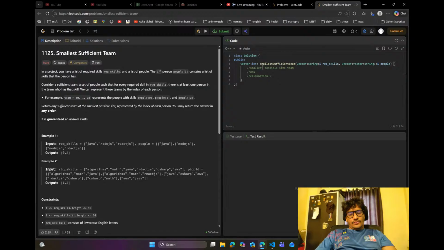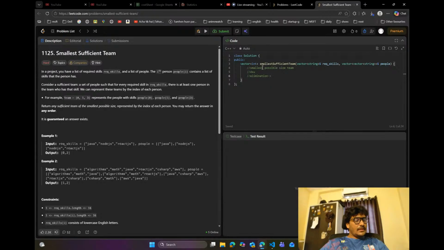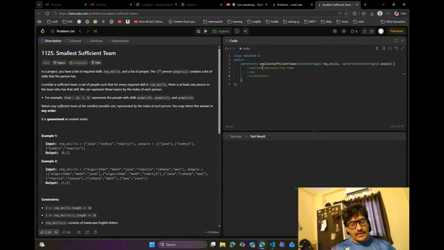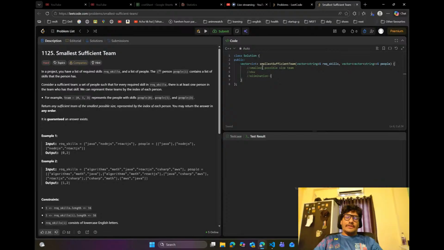We go to the person who has this number of skills, and we check if we remove that person from the team, can the team still function effectively? And if that's the case, we remove this person. Now we go to the next person who has one number of skills. We try to remove this person, and if we can still work, we keep on going.